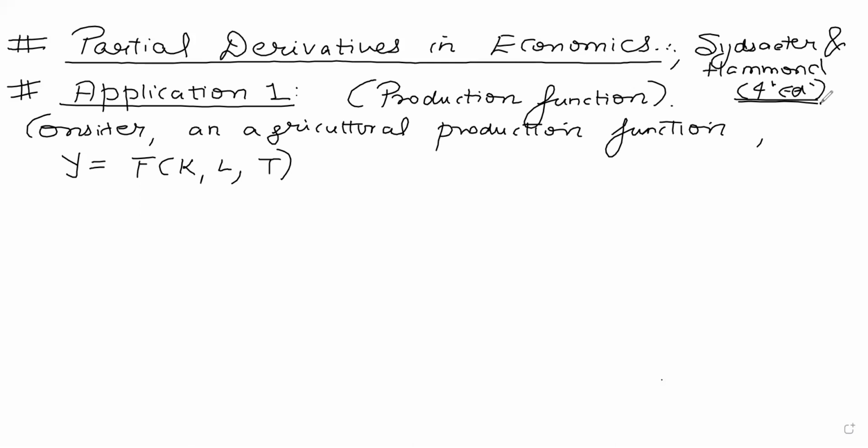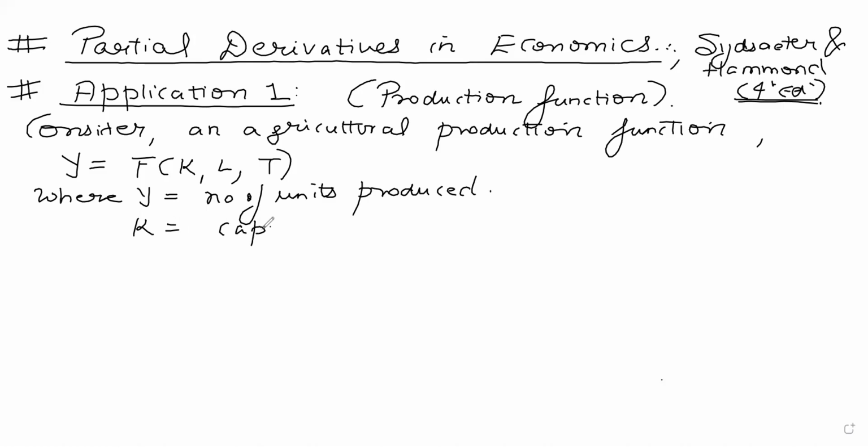So I can quickly write for more clarity. Y denotes the number of units produced. K denotes capital invested. L denotes the labor input.